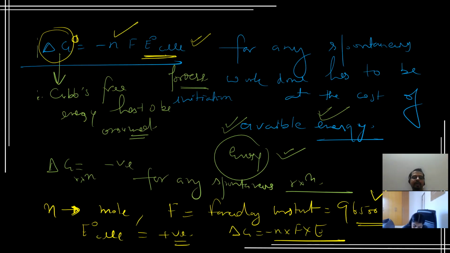So E naught cell has to be positive. I'll ask you a simple question. When E naught cell is positive, delta G naught will be negative.